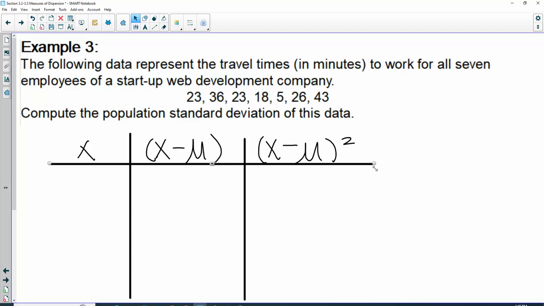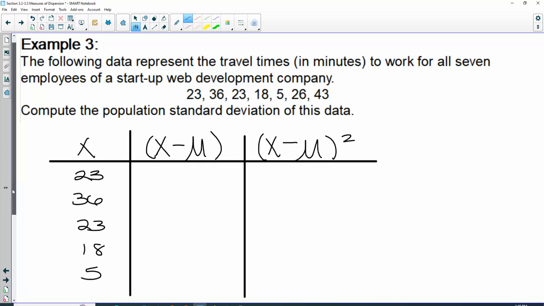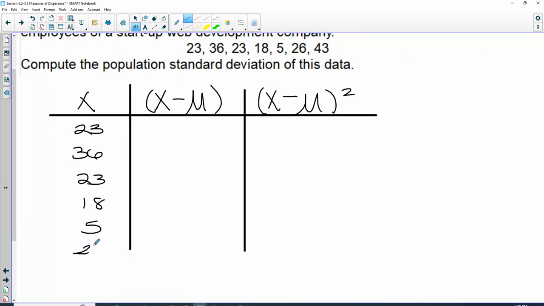So I'm going to organize it like this. My different times, we had 23, 36, 23, 18, 5, 26, and 43.